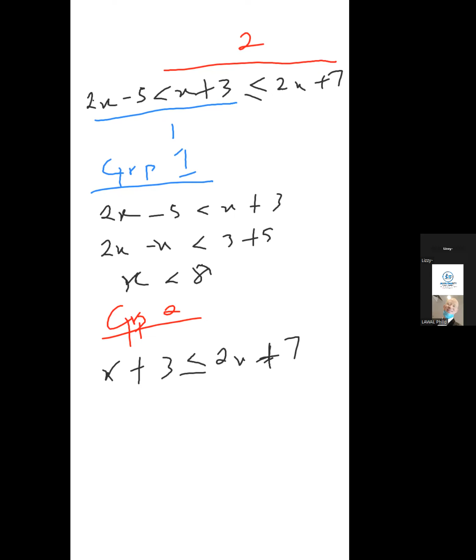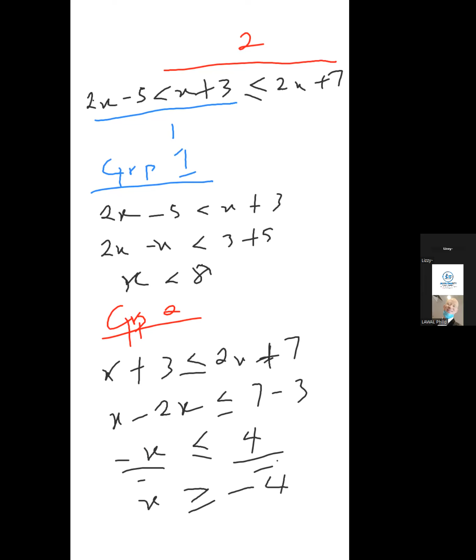So how do I solve this? I will say x minus 2x must be less than or equal to 7 minus 3. So in this case, minus x must be less than or equal to 4. Then, like I told you, you have to multiply both sides by minus or divide both sides by minus. If you divide both sides by minus, then x will be greater than or equal to minus 4.